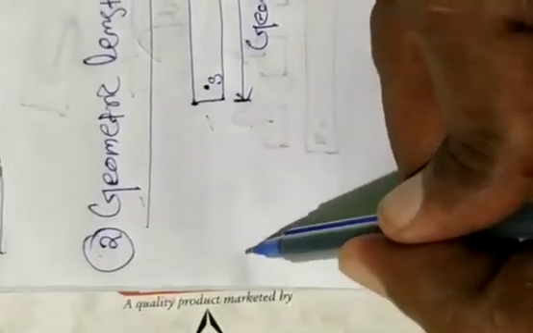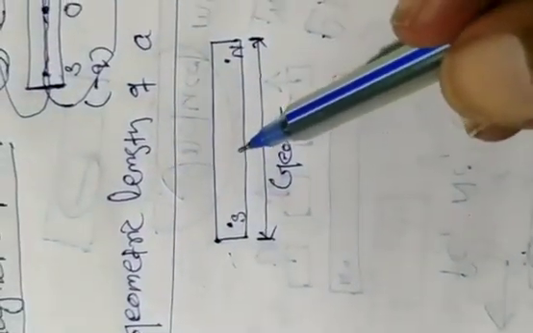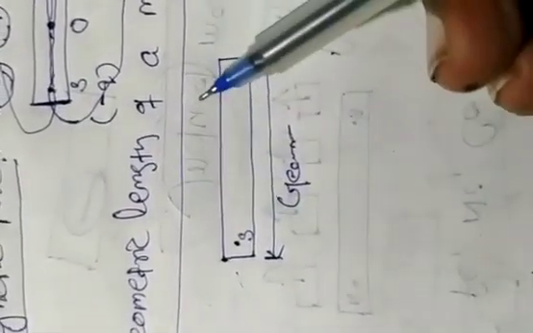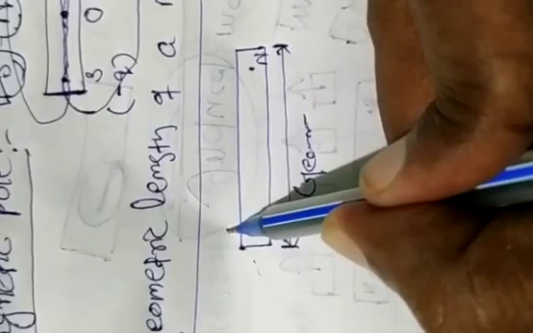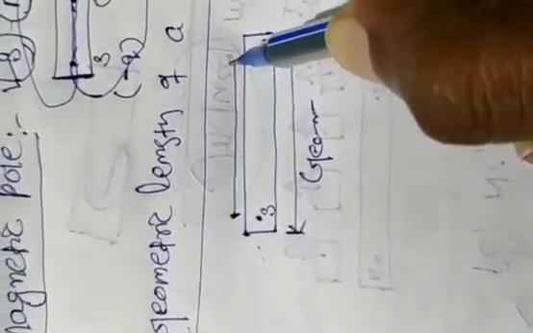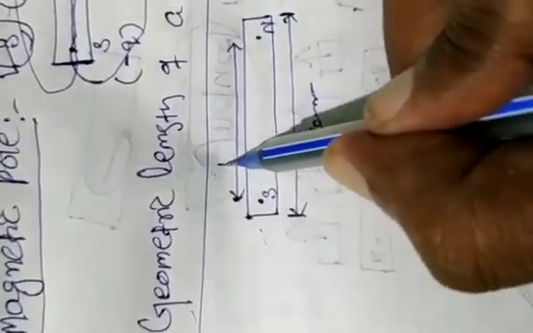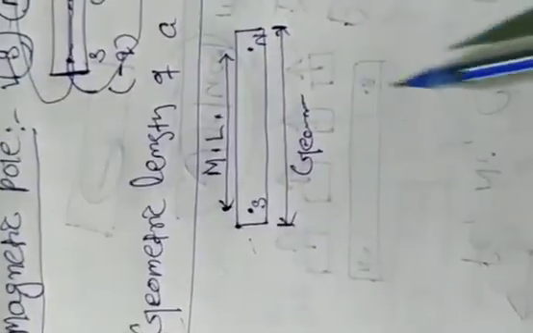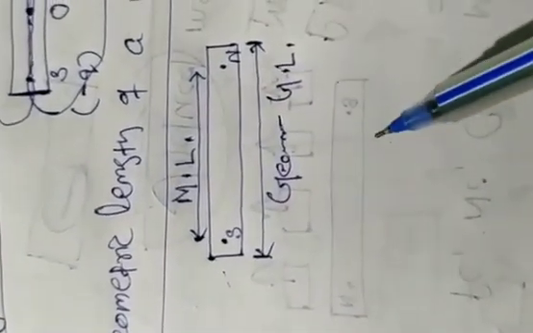Next, the third property, magnetic length of a bar magnet. What is the magnetic length? The pole to pole distance, south pole to north pole distance, is called the magnetic length, whereas face to face length is called the geometric length of the bar magnet.